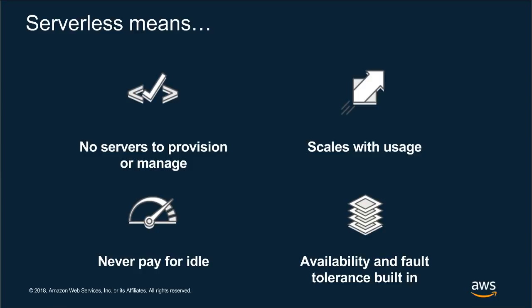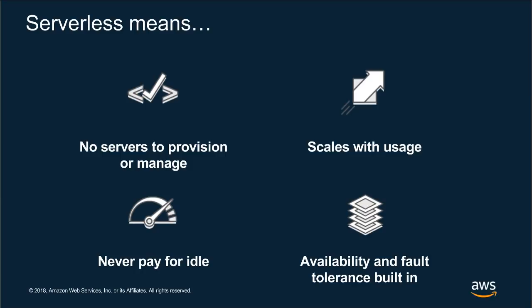There should be nothing that you as a customer of these products need to do from the perspective of managing the resources that are below these services. The second is that they should scale with usage. So as requests come in, the backend or the products themselves will automatically scale, handle these requests, and do whatever it is that the request is meant to be done. So effectively execute your business logic.